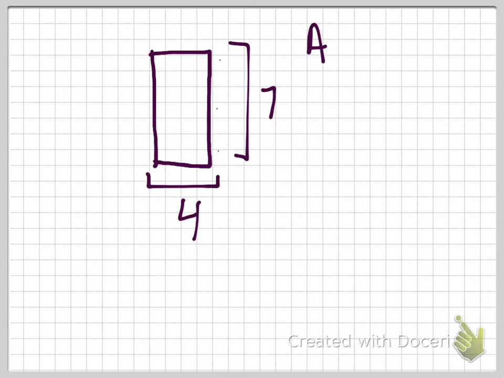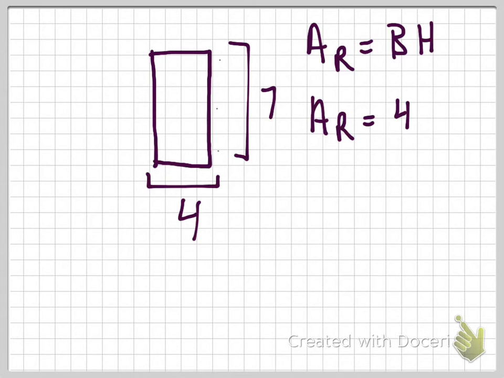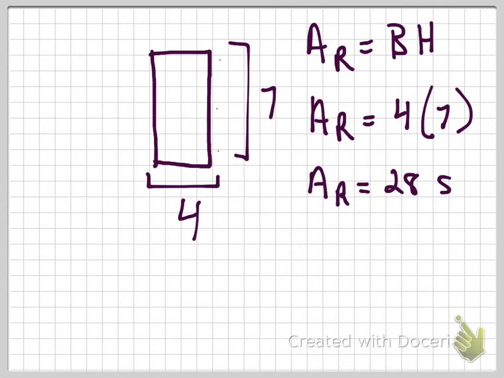So again, area of a rectangle is equal to base times height. Then I can do my substitution step. It's going to be equal to 4 times 7. Do my calculation step, and the area of this rectangle would be equal to 28 square units.